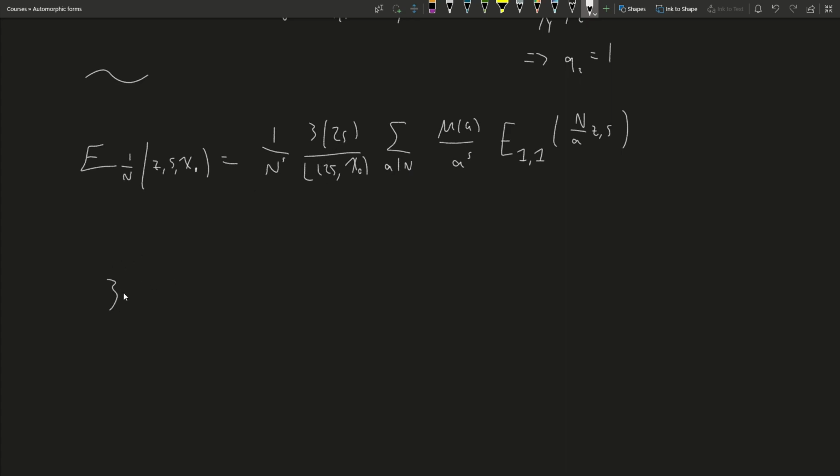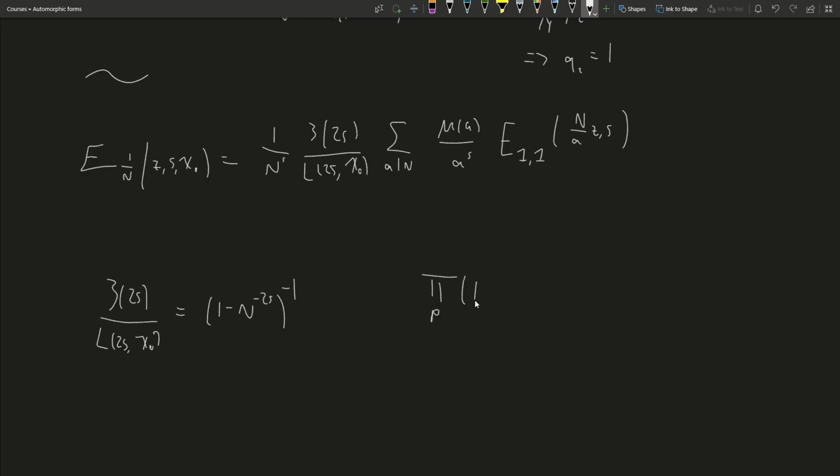So it turns out that the ratio zeta 2s divided by L 2s chi naught is equal to 1 minus n to the minus 2s, to the minus 1. And so why is this? Well, this Riemann zeta function, you can write it in terms of the Euler product, right?